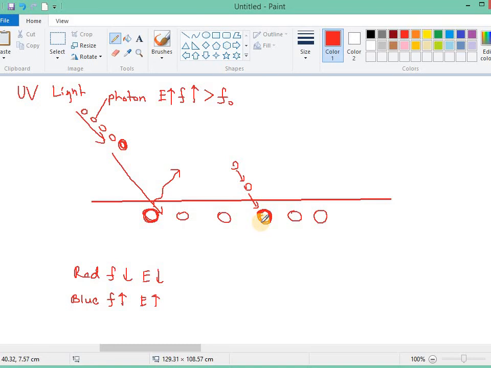Even if you use a very bright light, it also cannot, because the chances of one electron to meet with two photons are really low.